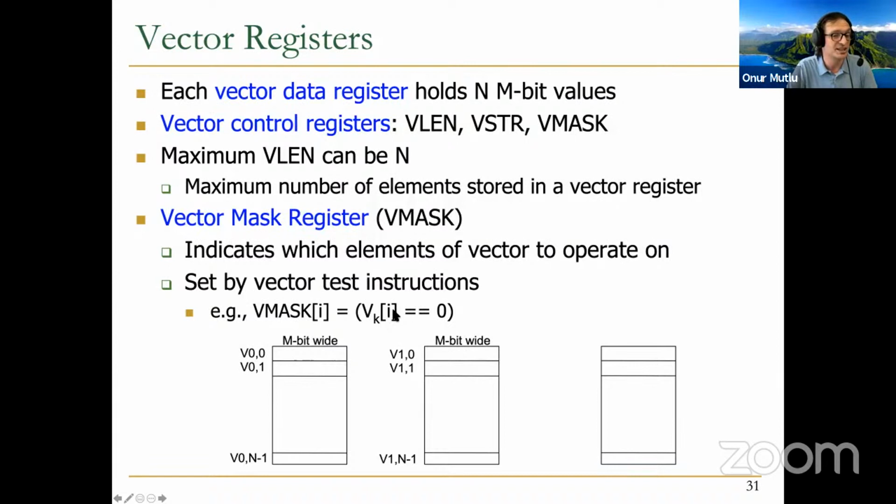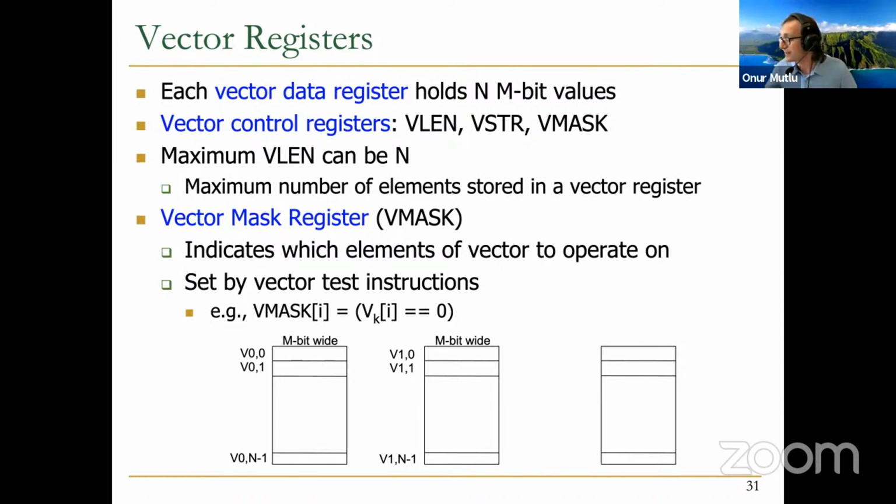If some vector's ith element is true, the vector mask register's ith element will be set to true, or if some vector's ith element is not 0, then the vector mask register could be set to 1. Basically, this decides which elements of a vector, as indicated by the vector mask register element, will be operated on or not. That way, you can do masking of different operations, right?